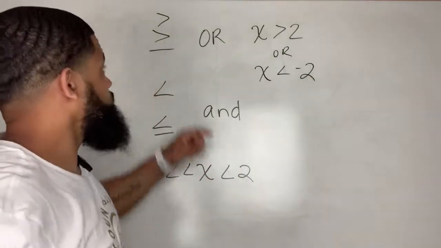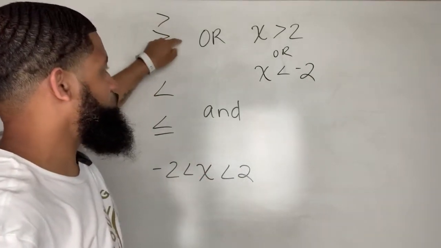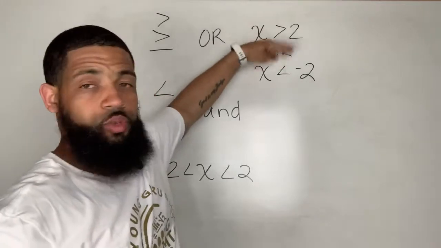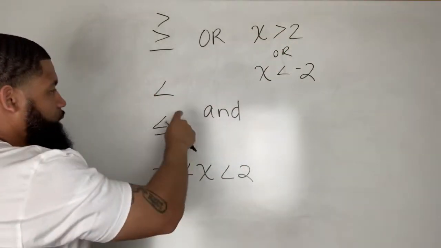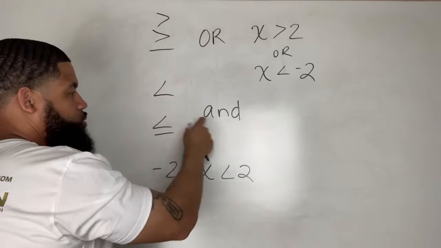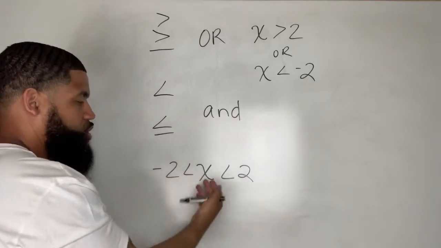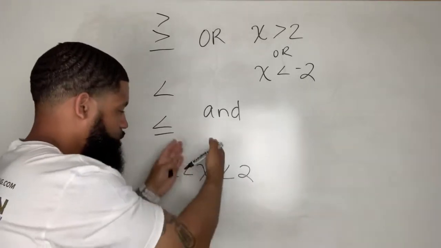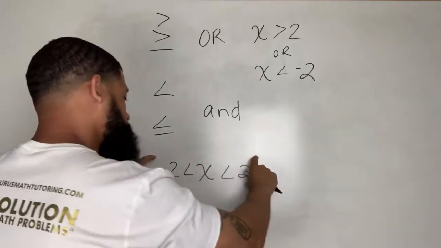That's the difference. So when you see greater than or equal to, it's going to be a disjunction. So you want to do it this way. If you see less than or equal to, it's a conjunction, and you're going to put the absolute value term in between the two opposites.